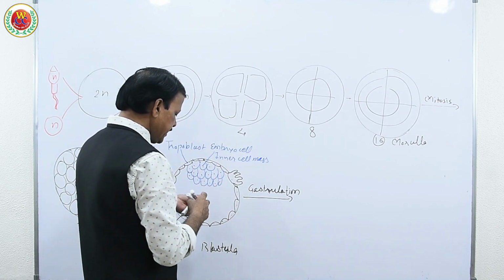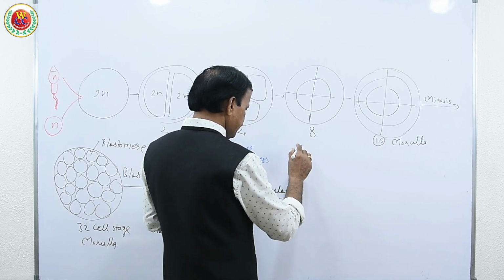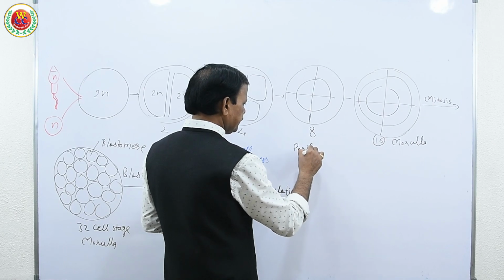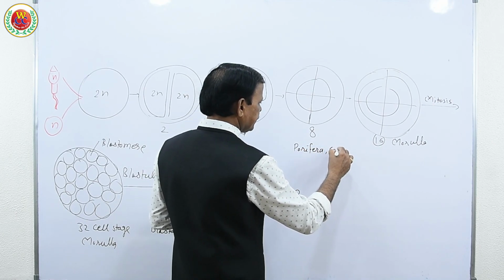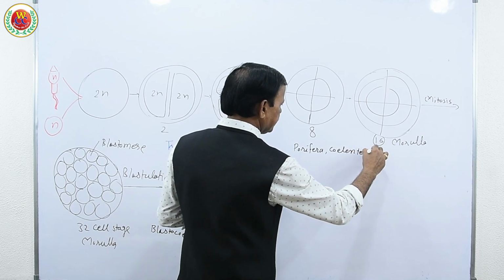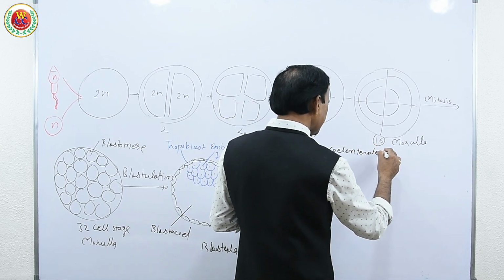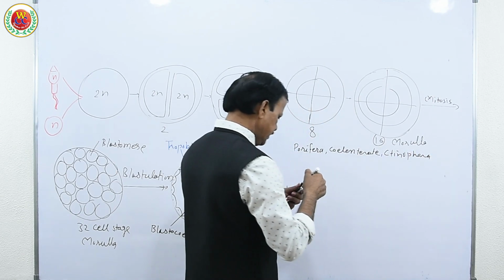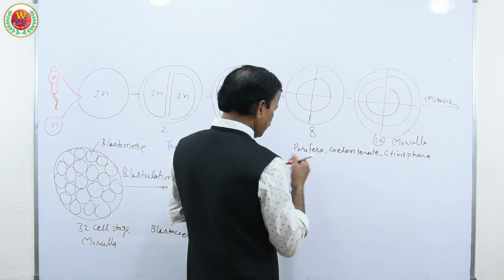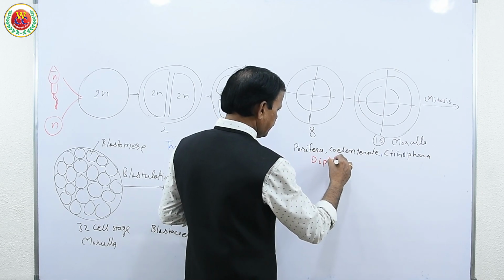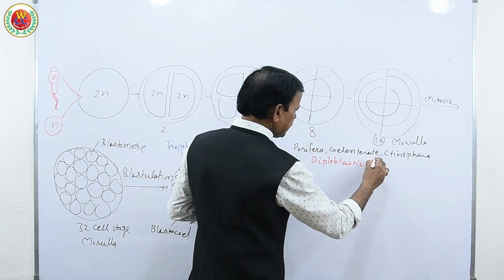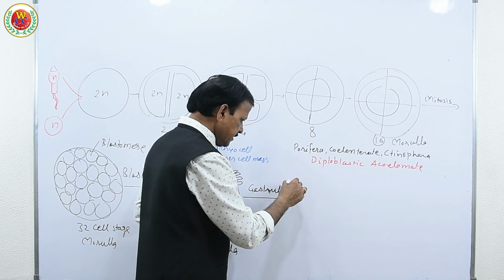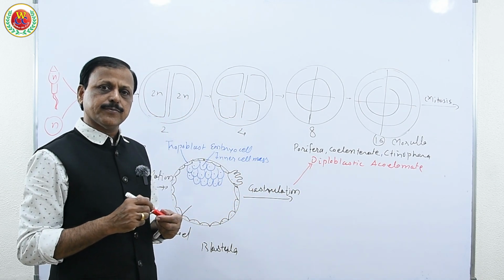Now to see the arrangement in Porifera and Coelenterata, I am going to make 4 parts. Porifera, Coelenterates, Ctenophora: they have diploblastic acoelomate organization. The diagram you have already seen in the last part of the video.